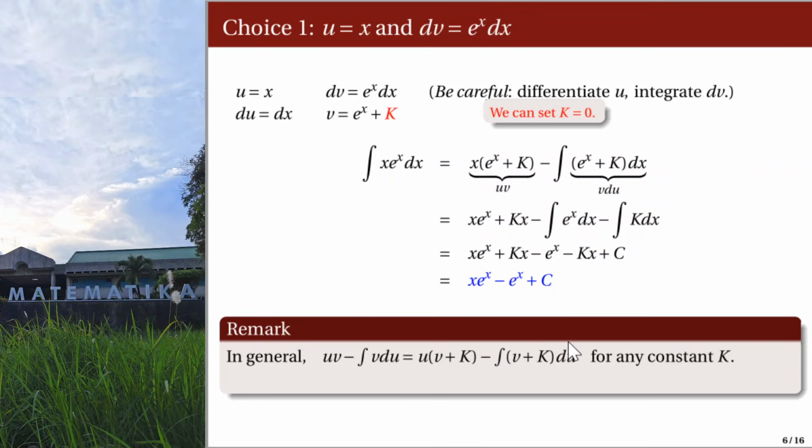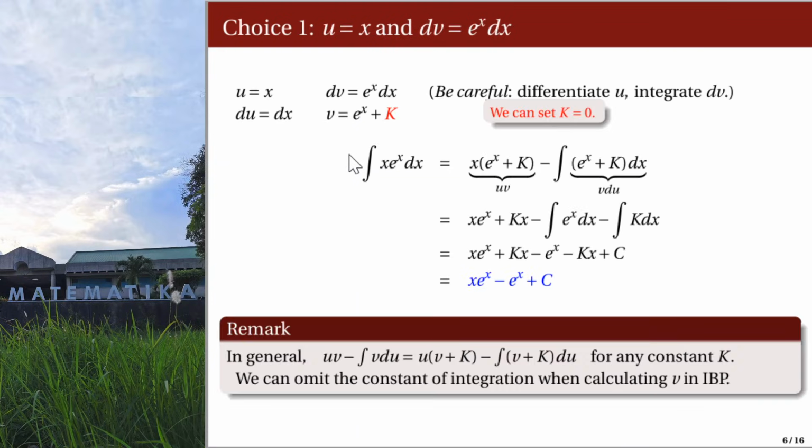So, what does that mean? Ibig sabihin, okay lang na hindi na natin isulat yung plus k sa step na to, sa IBP. Okay? So, we can omit the constant of integration na k, the v, in our IBP. Okay? So, okay lang na, hindi na ito isulat.